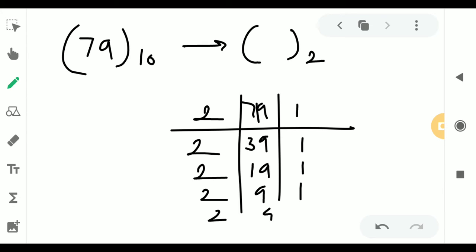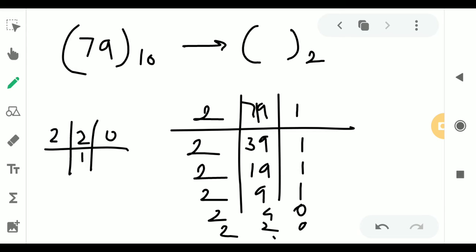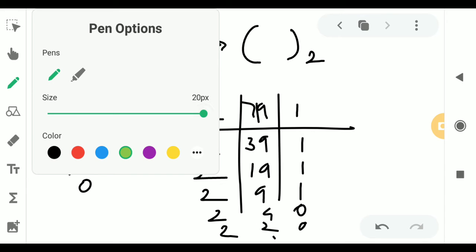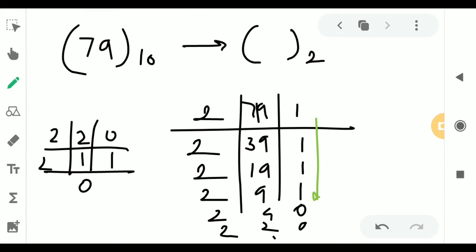Remainder is 1. 2 2s are 4. Remainder is 0. 2 1s are 2. Remainder is 0. And 2 zeros are 0. Remainder is 1.